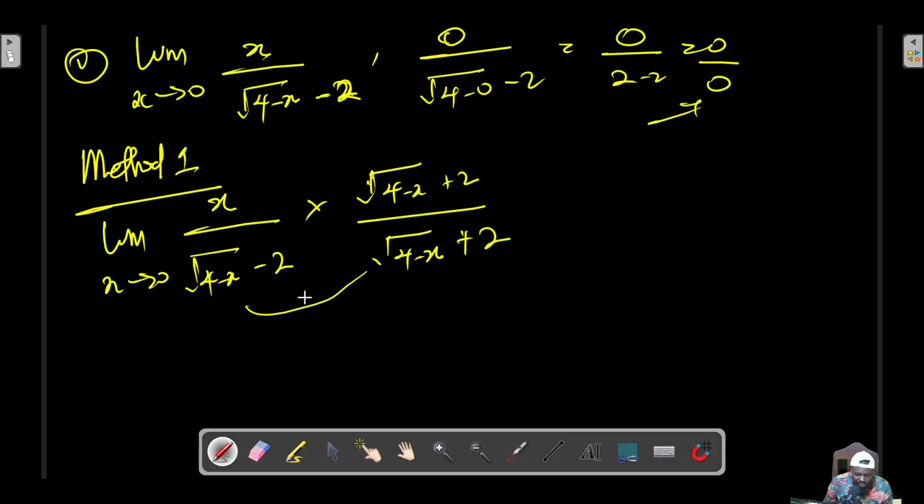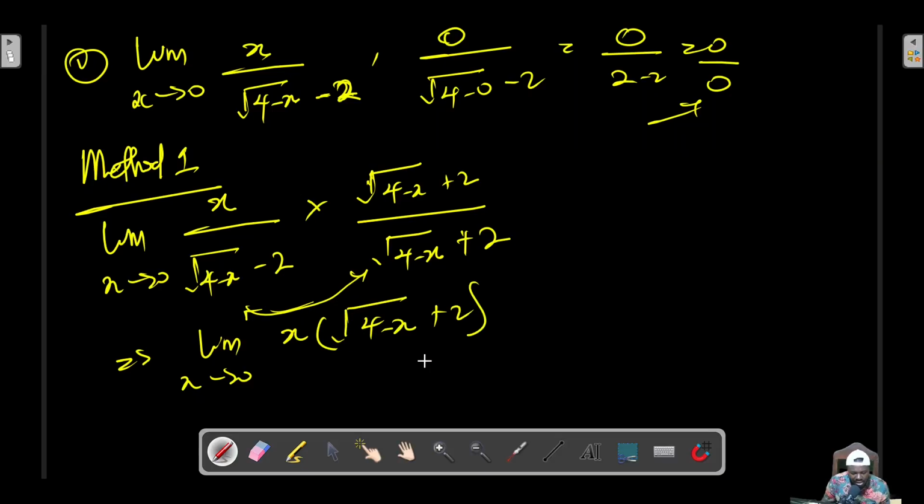The product of these is basically the difference of two squares.